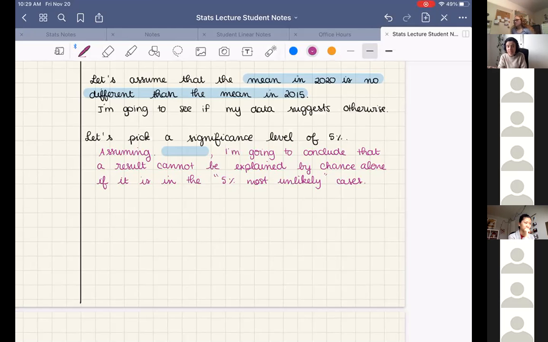It can't be explained by the distribution that I assume to be true, and therefore that assumption must be false, right? And that 5% is just my level of tolerance. So selecting a level of 5% means that if my data is in the 5% most unlikely results, then I can't reasonably explain it by chance alone, and therefore the original assumption was false.